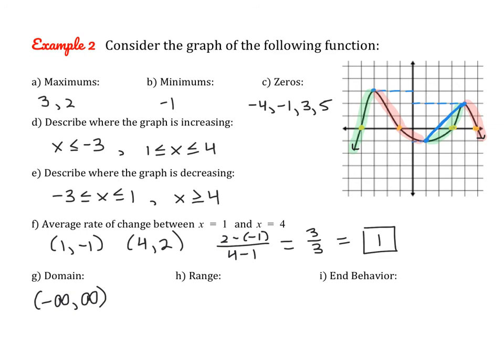Our range, remember, is all of the y values that work. So for the y values, I see that we definitely have a high point. So that's here at 3. But our graph is actually going to continue decreasing infinitely because of the arrows on either side of our graph. So it's going to keep going down and down and down forever.